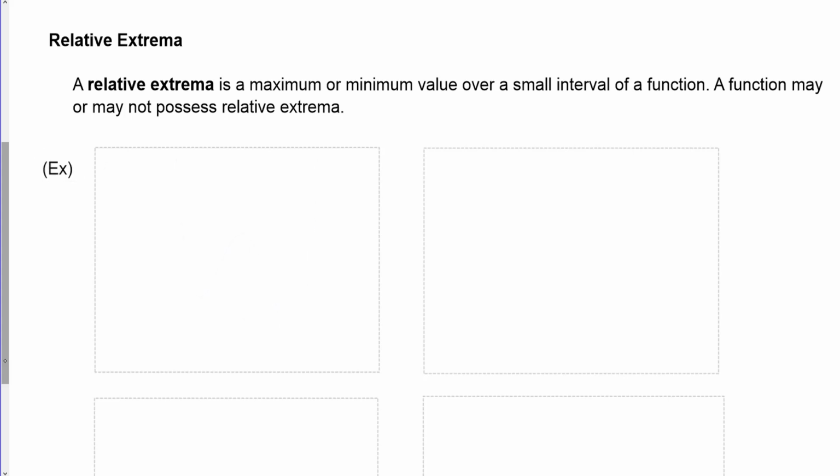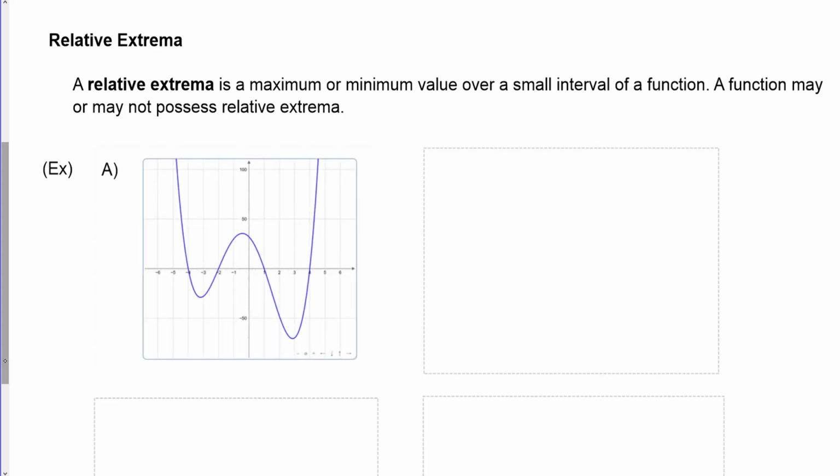So to begin, here's a function, and this particular function does have some relative extrema. So the relative extrema are the points, for instance, right here. This is called a local minimum. So this is the smallest value over a small interval around this particular point.